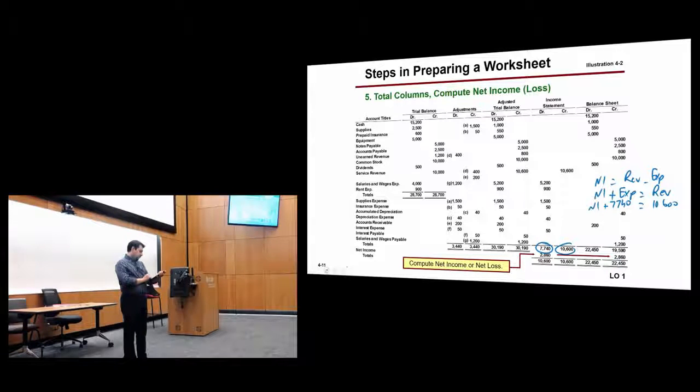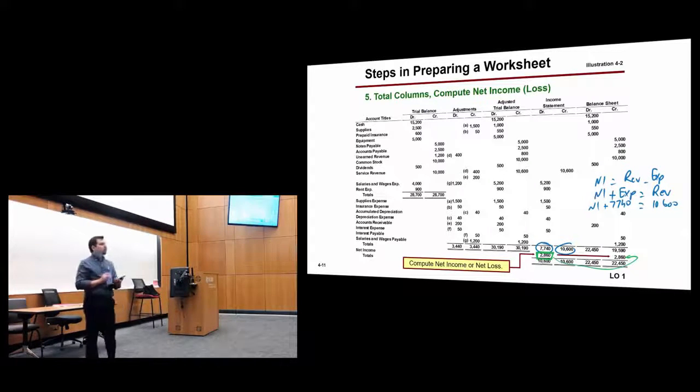Now, this is the net income, 2,860. This is the amount that was here on the debit side, and it goes on the credit side of the balance sheet.